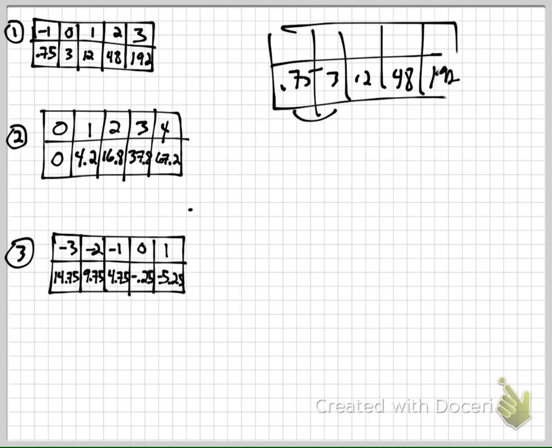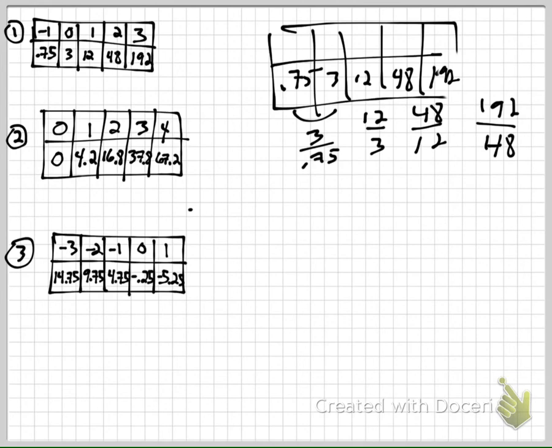Okay, this would be 3 over 0.75, and then 12 over 3, and then 48 over 12, and then 192 over 48. They all equal 4, which makes this exponential. Right? It makes it exponential.